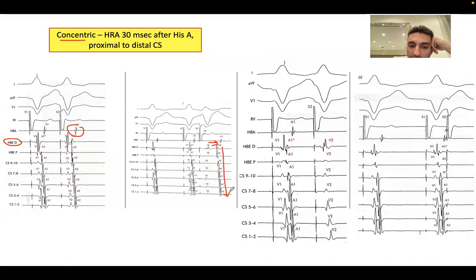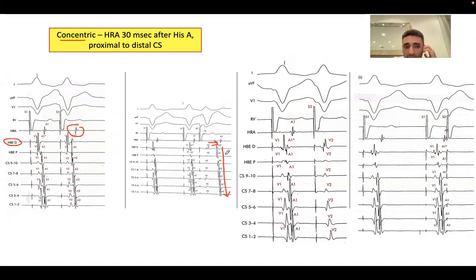It remained concentric except it's decremental. It's slowly conducting. Decremental just means that with shorter cycle length or pacing intervals, there is further slowing in conduction. This is a typical behavior of retrograde AV node activation.